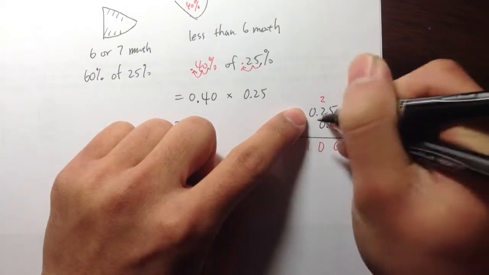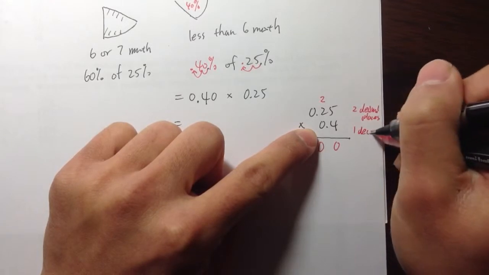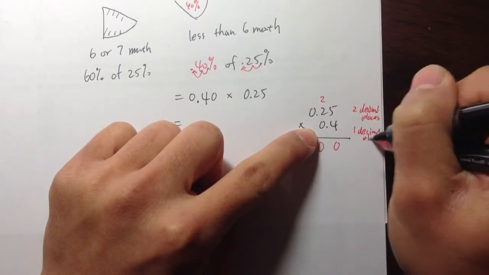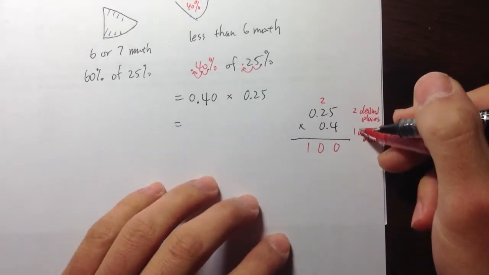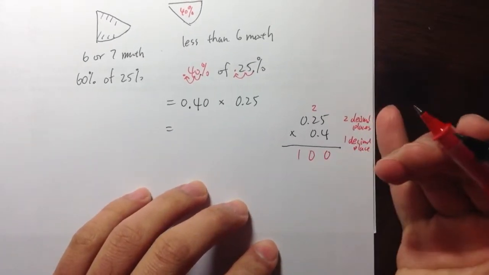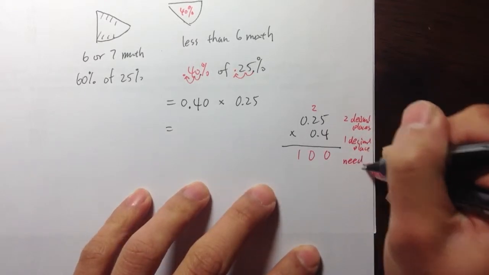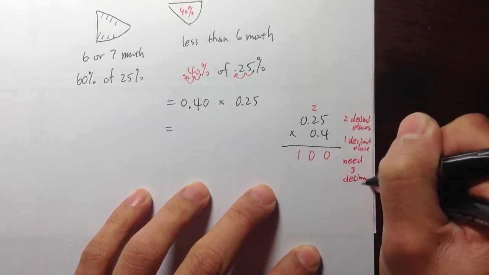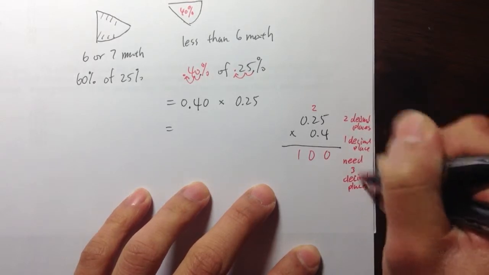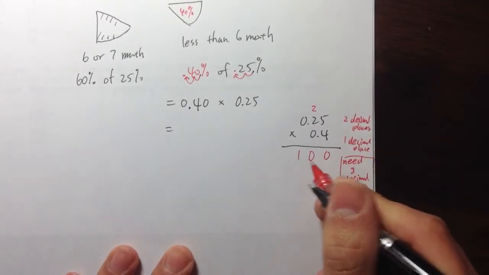Okay, so right here I have 2 decimal places for the first number, and then for the second number I have 1 decimal place. So total 2 plus 1, I need 3. I need 3 decimal places for my answer. And right here I have 1, 0, 0.